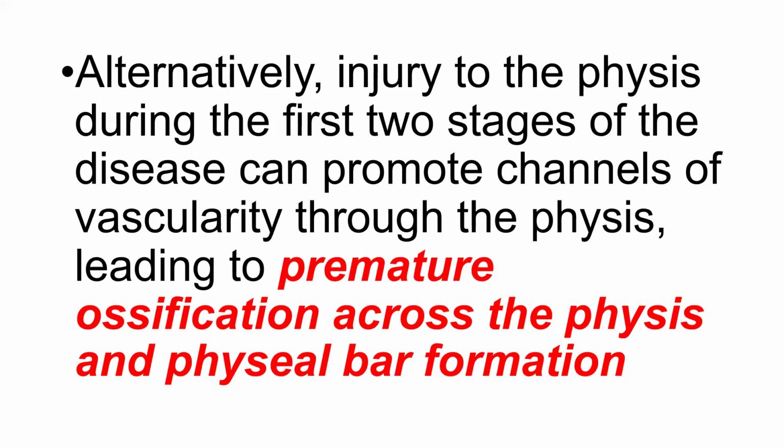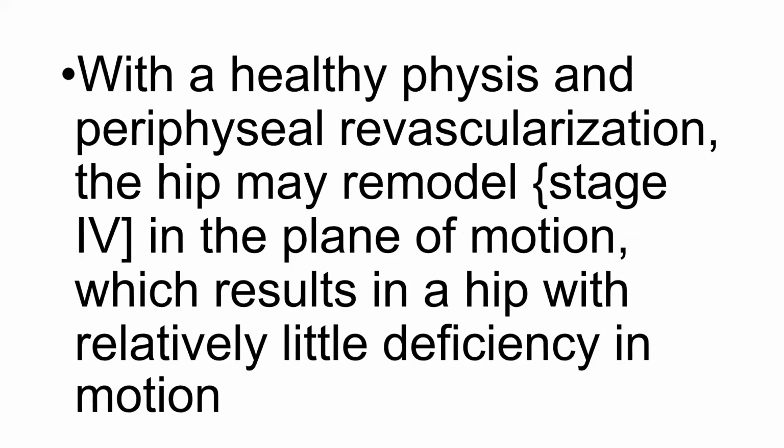With a healthy physis and periphyseal revascularization, the hip may remodel into stage 4 in the plane of motion, which results in a hip with relatively little deficiency in motion. And actually, Stulberg's classification describes well whether the deformed hip has regained its normal shape or a bit less.